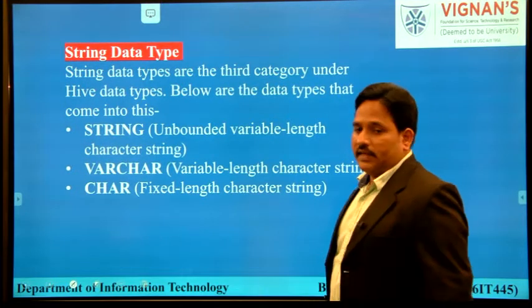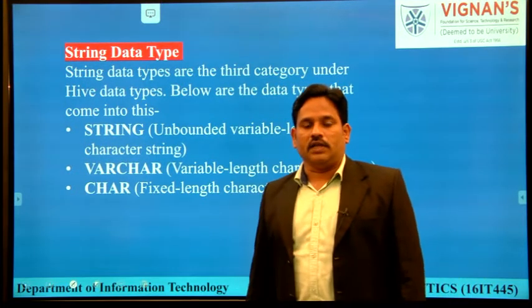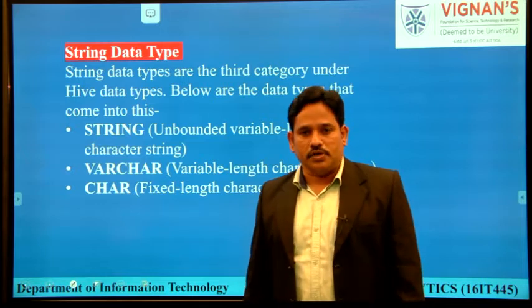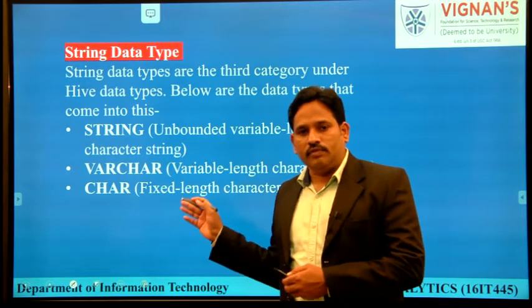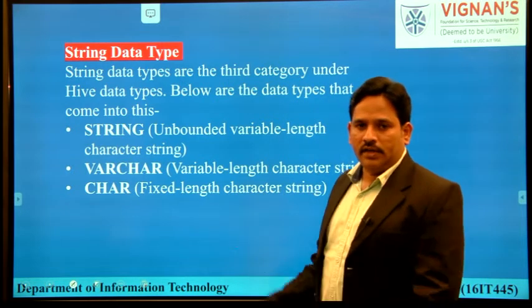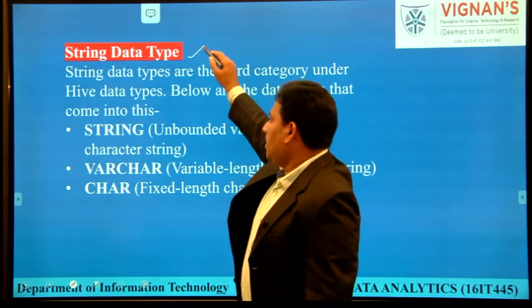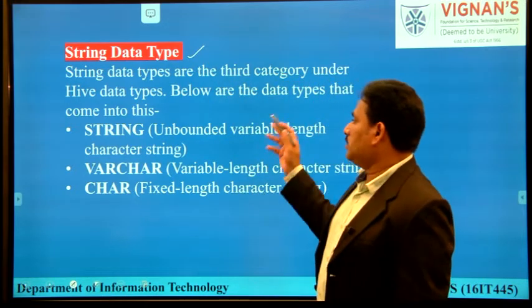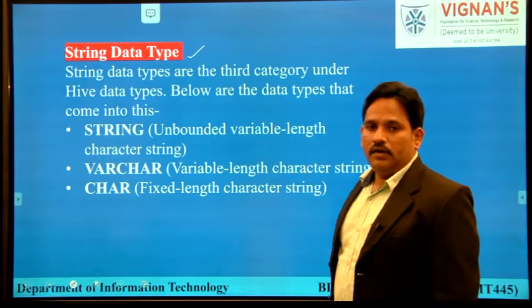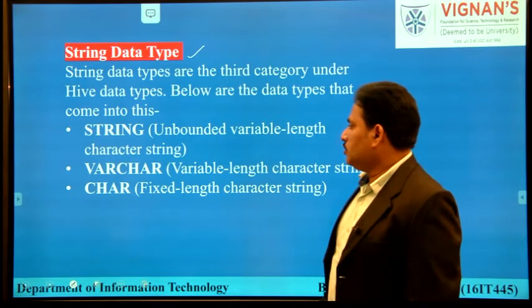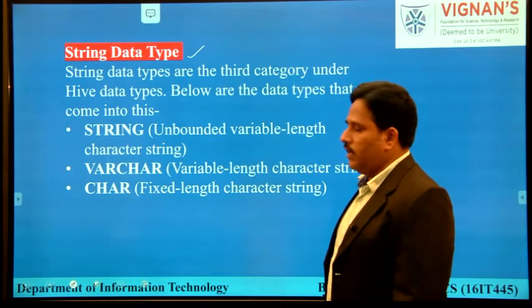And to store character related or string related information like employee name, branch name, if you want to store any character string related information, we can take the help of the string data type. Now string data types are the third category in Hive primitive data types. In string we have three different types.